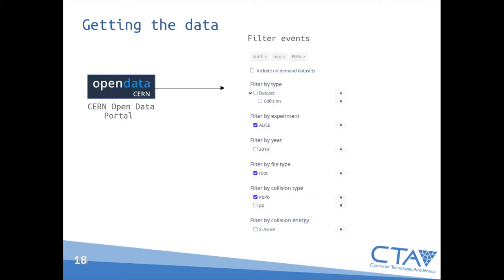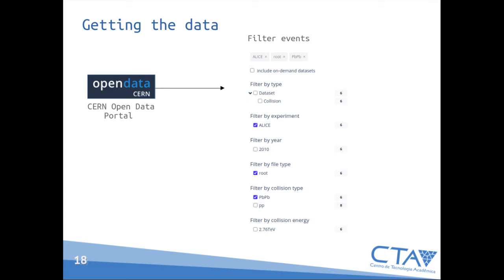In order to animate events, someone needs data. To ensure a framework that's usable by anyone, we resort to Alice data available at the CERN's Open Data Portal, which is an open online platform that contains data files from particle physics. One can filter these files by dataset, experiment, year, file type, collision type, and collision energy.